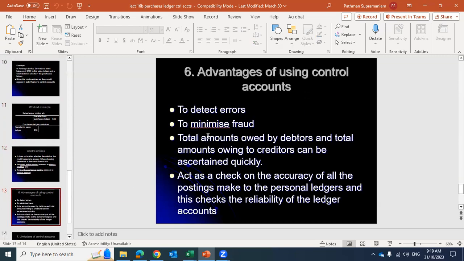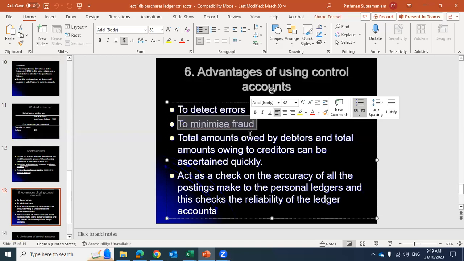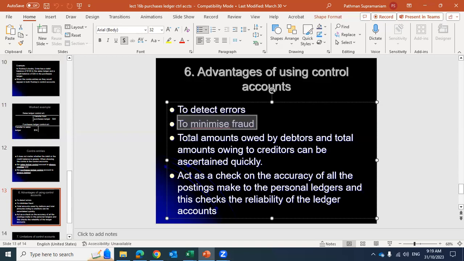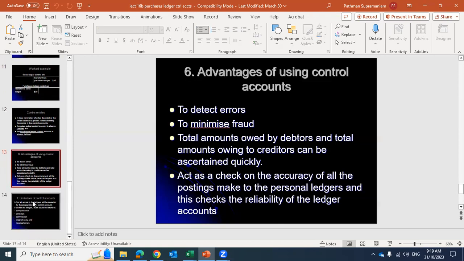The advantages of using control accounts: they help us detect errors, they help minimize fraud, they help us know the total amount that we owe our trade payables, and they can be used as a check of the arithmetical accuracy of the postings.